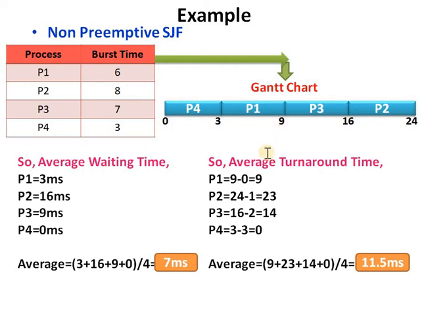Then next, for the process P2, the ending time is 24, 24 minus 1. Next, for the process P3, that is 14. Then, for the process P4, that is 0 because the process P4 is the shortest, so it is executed first.